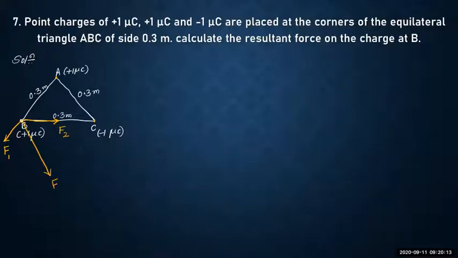F is calculated by using one formula. I think you know that formula: F is equal to the square root of F1 square plus F2 square plus 2 F1 F2 cos theta.